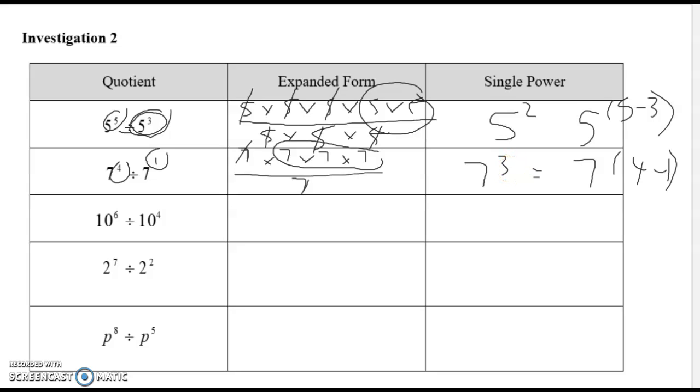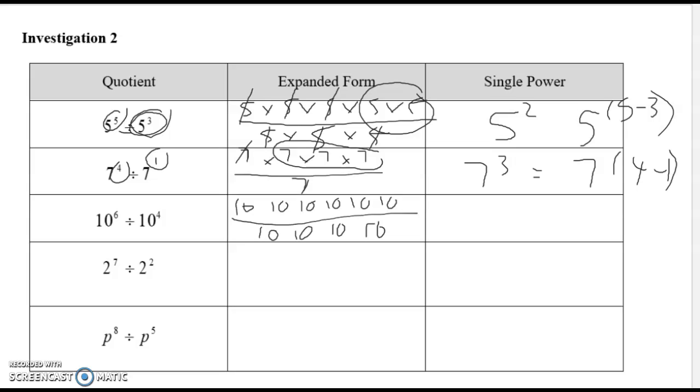Okay, next one, 10 to the 6. It's getting a little tough to write these with my finger on here, so I will try my best. I'm just going to do 10 times 10, 3, 4, 5, 6. They're all multiplying, but it's hard to write. Divided by 10 to the 4, so we need 4 of them. 1, 2, 3, 4.